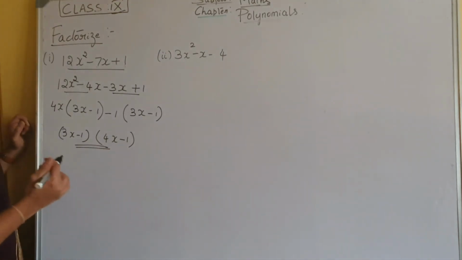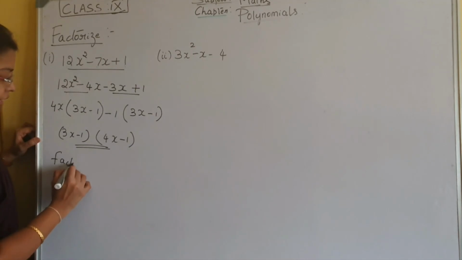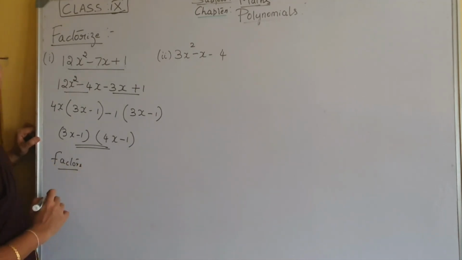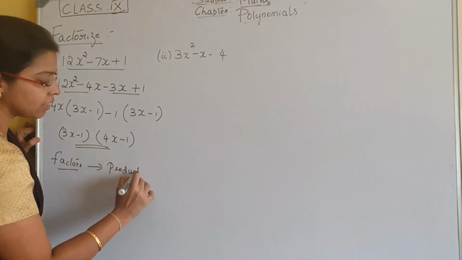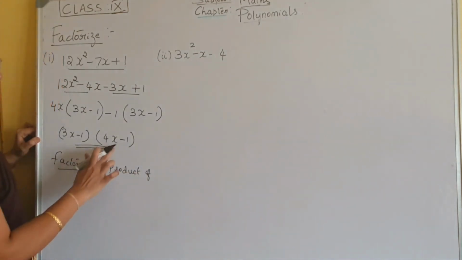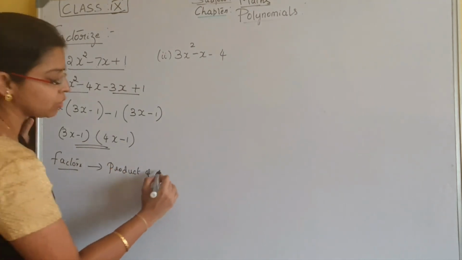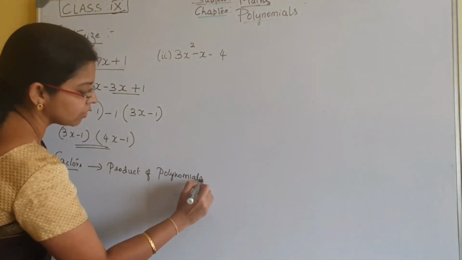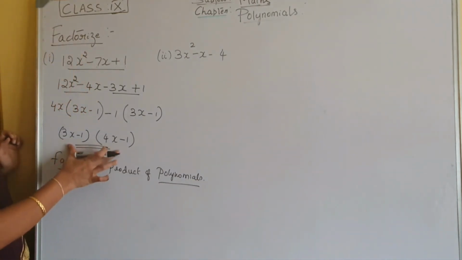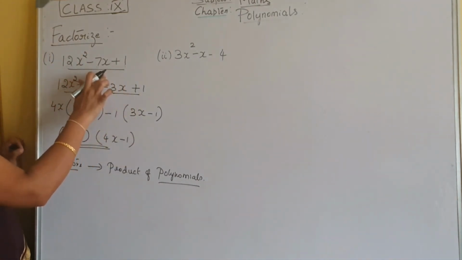Factors are nothing but what I have mentioned. In the earlier classes I have told what factors are. It's nothing but the product of polynomials. Right? So when you multiply this, you will get back this expression.